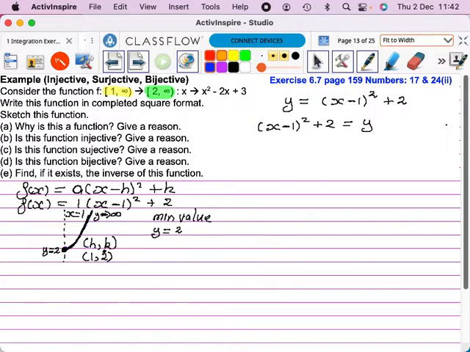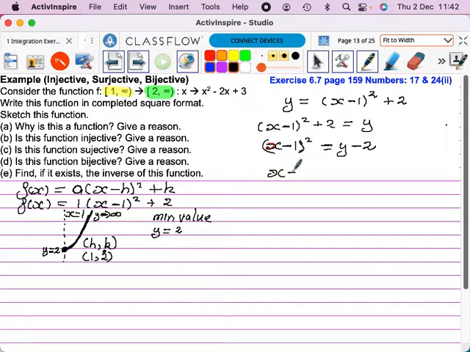So what we're going to do now is quickly find the x. Bring the 2 over, and it becomes a minus 2.